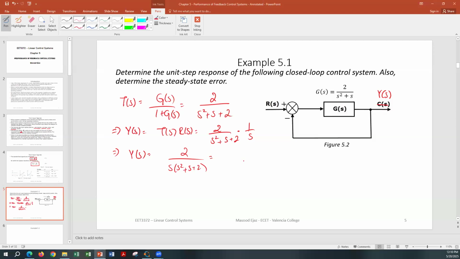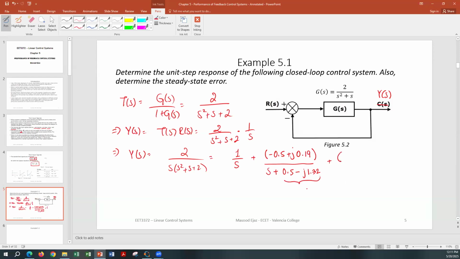And we get 1 over s, plus negative 0.5 plus j 0.19 divided by s plus 0.5 minus j 1.32.